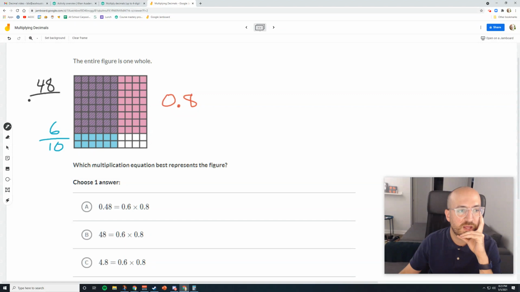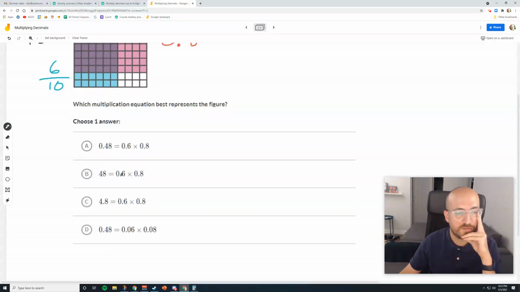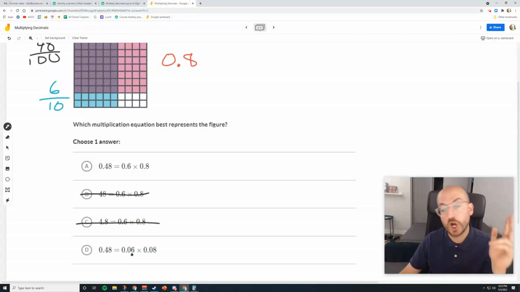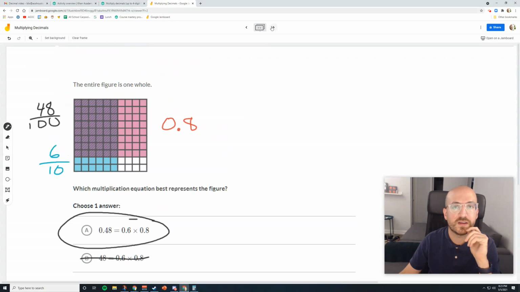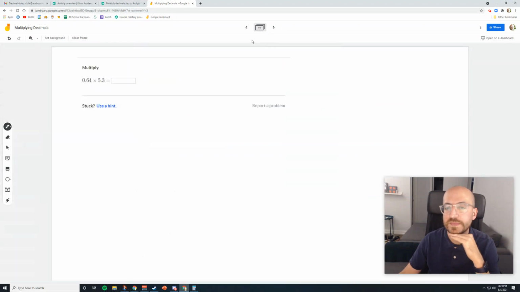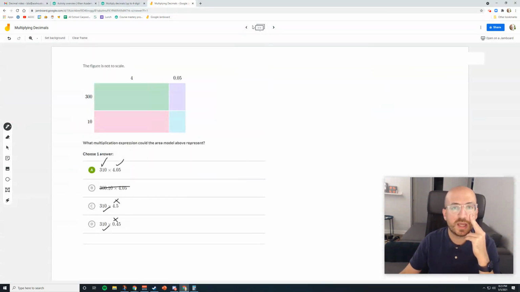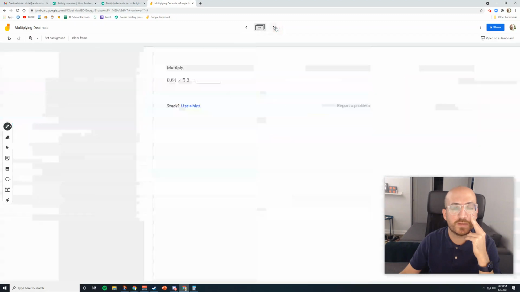And it's going to be 48/100ths. 10 times 10 is 100. 48/100ths, not 48 wholes. Oh, is it 6/100ths plus 8/100ths? No, it's 6/10 and 8/10. All right. So that is one way of looking at area models.